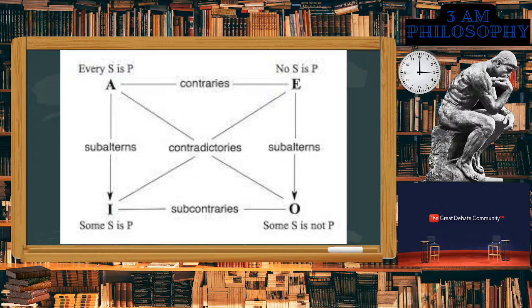If E is the position that no S is P, that means no theist believes God does not exist. That would only make sense if that's the same as an atheist position, as the atheist believes there are no gods. And if you work through this, you'll see that works out spectacularly well. Because what you end up with here on E, let's say you say no atheist believes God exists, right?